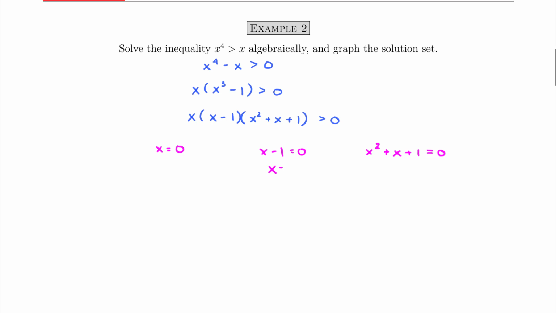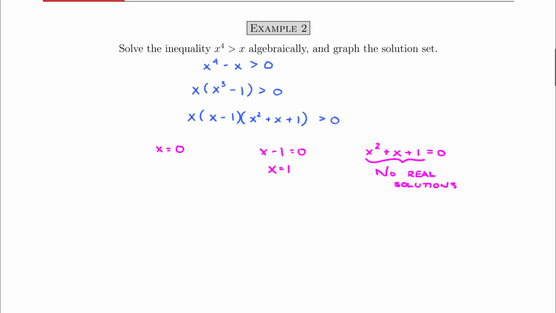The second one, we would just add 1 to both sides. And on the third one, if you evaluate the discriminant of this polynomial, you'll find that the discriminant is negative, which means that this function only has complex solutions. So we don't have to worry about this one because it has no real solutions.